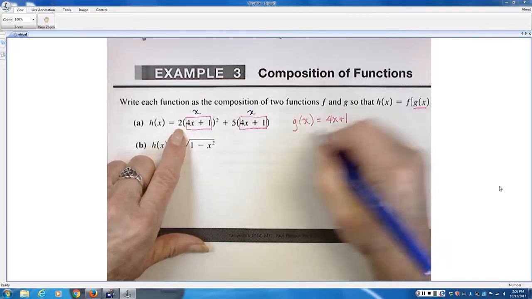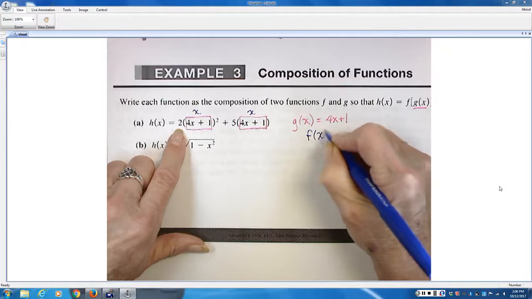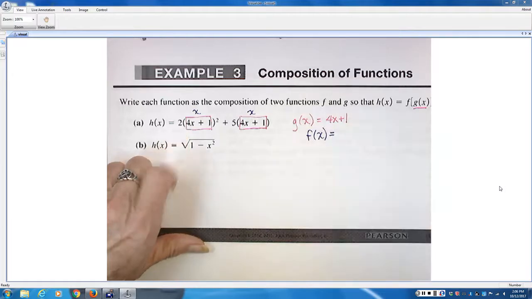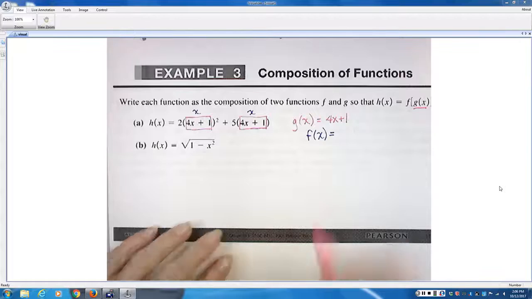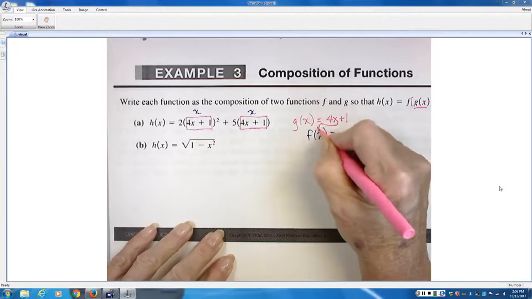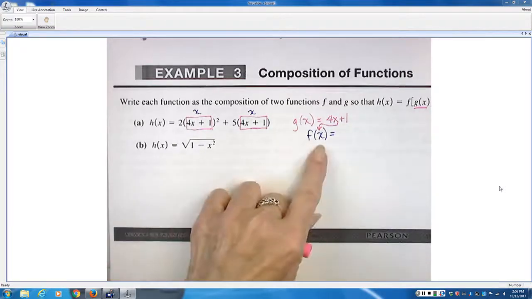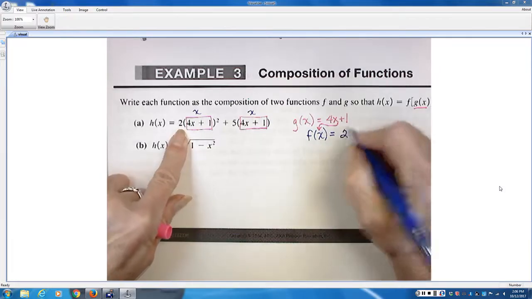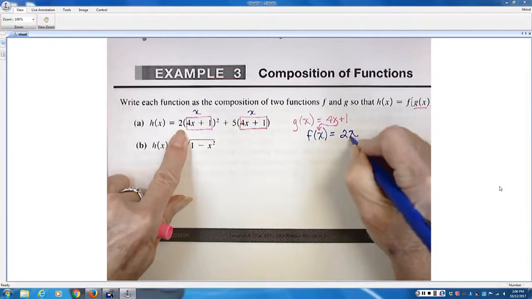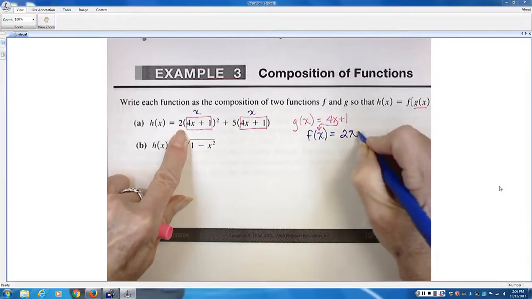So what is f of x? It's whatever's on the outside. So basically we're saying that 4x plus 1 is the input for f. What does f do with that input? It multiplies it by 2. And it squares it.